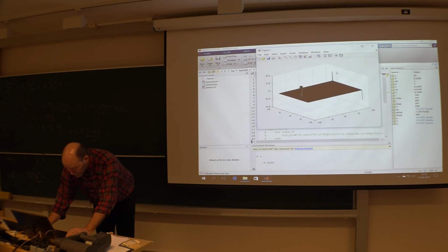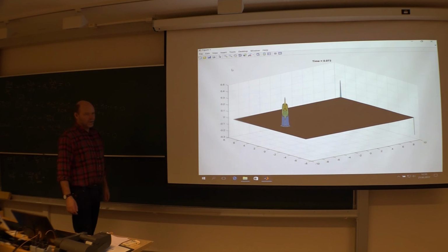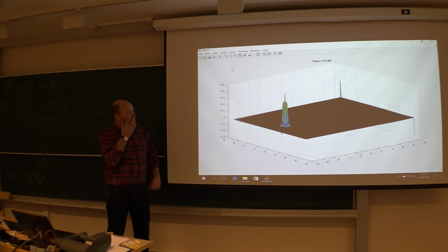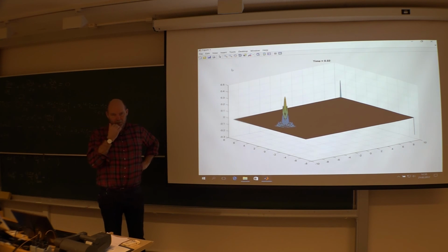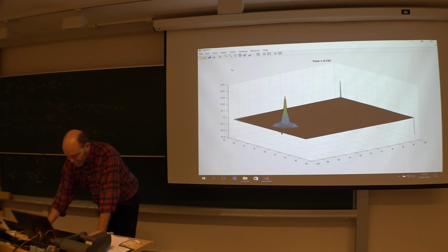It doesn't help. Unconditionally unstable, no matter what you do. So here you have no chance of getting a solution. Strangely enough, the steady state problem, we could. That was a little trick. We had to program it a little specially. But here you see it doesn't help with small delta t. He still explodes.